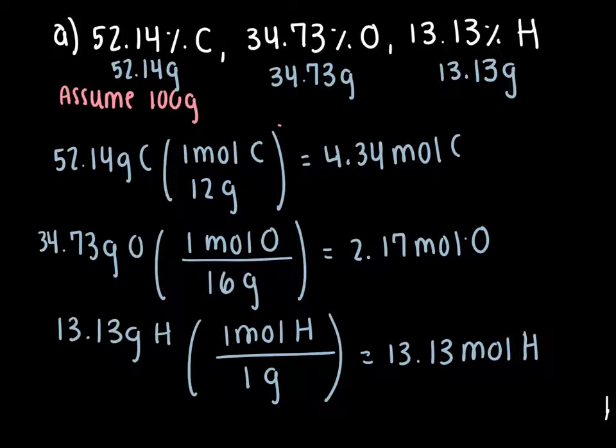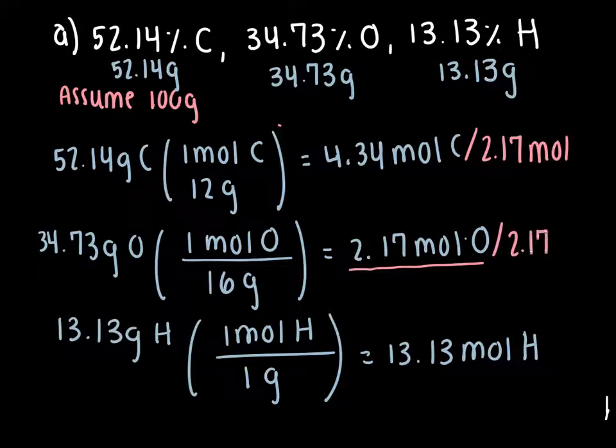So now we want to find the mole ratios between the elements by dividing the mole value of each element by the smallest number of moles calculated. This will give us the most simplified mole ratio of all the elements in the compound, which is essentially what an empirical formula is. So our smallest mole value is 2.17 moles of oxygen, so we're going to divide all of the mole values by 2.17.